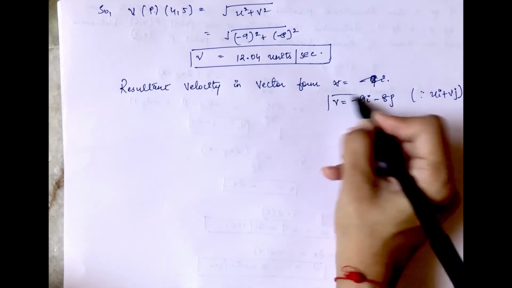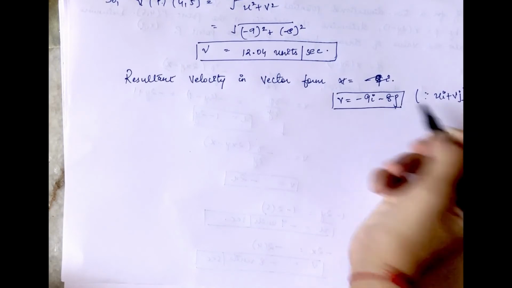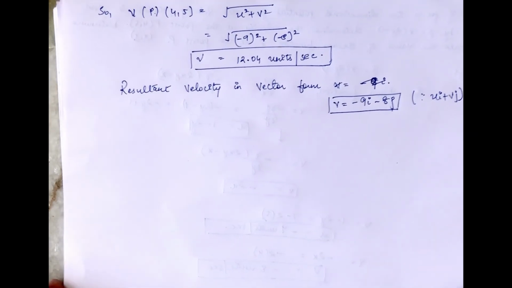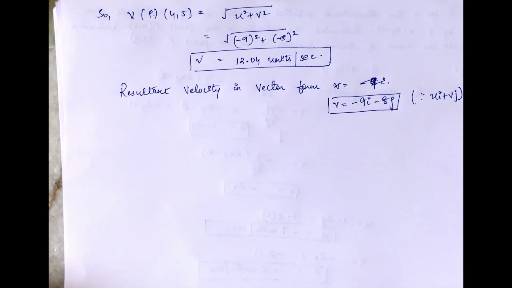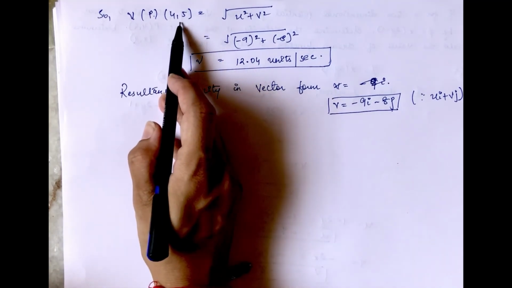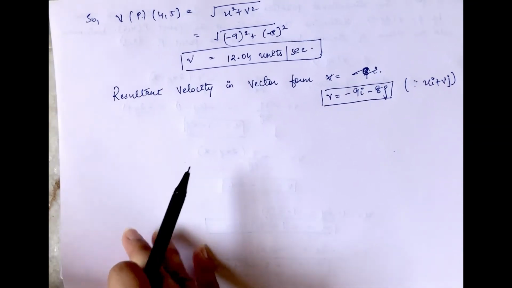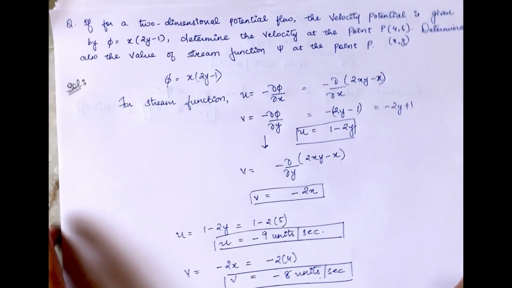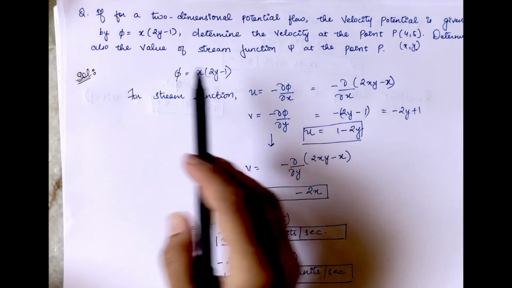So this is the resultant velocity in vector form. We are done with the first question, that is we needed to find the resultant velocity at point (4, 5) using the velocity potential function phi.